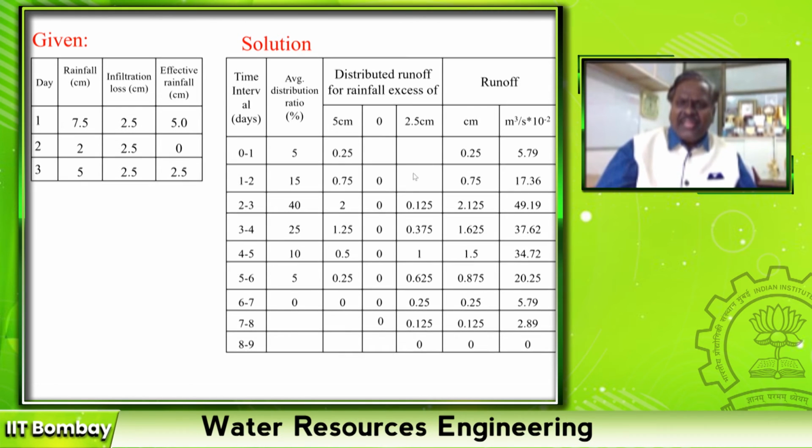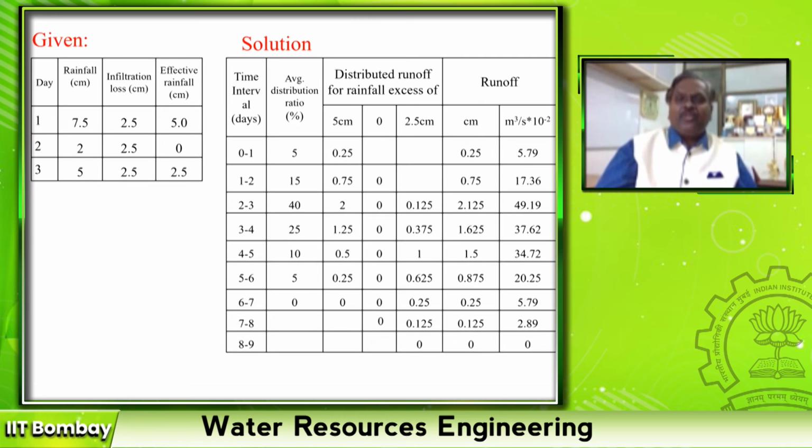Now you go on adding. So when I add, that will give me the runoff in centimeters. But I want discharge in terms of meter cube per second. So this is 1 day. If I put centimeter, 0.25 per 24 hours, convert that into centimeter per second, then meter per second, then multiply it with the area of the basin.